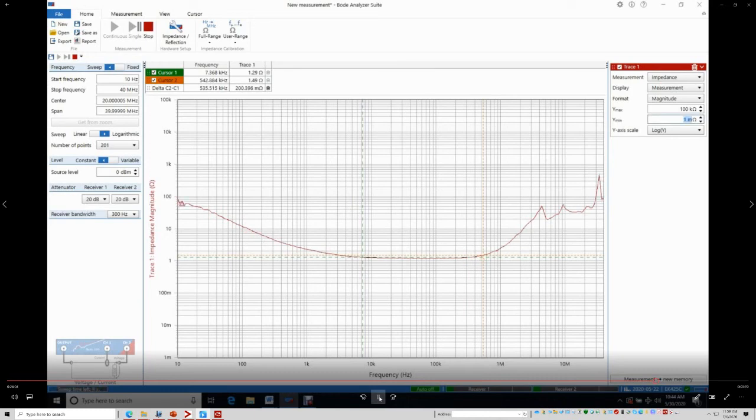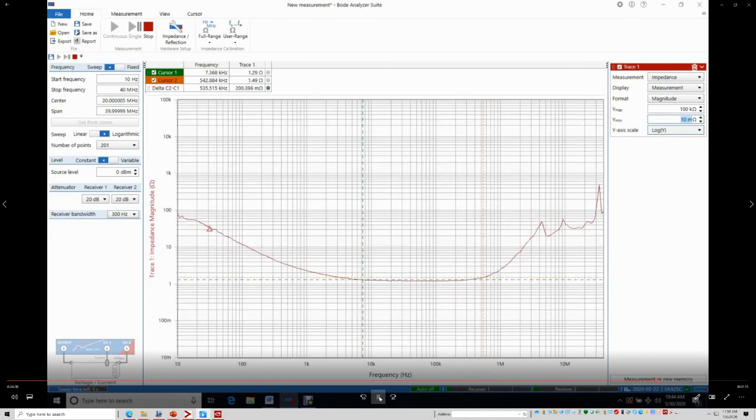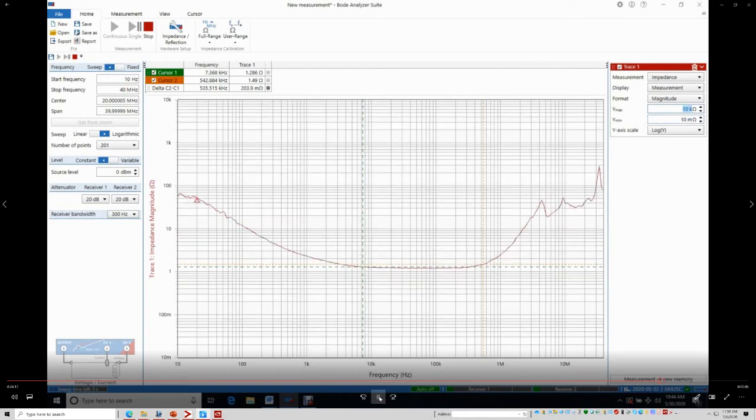Let's see if we can get this a little bit more. Where is my cursor? Oh, there it is.